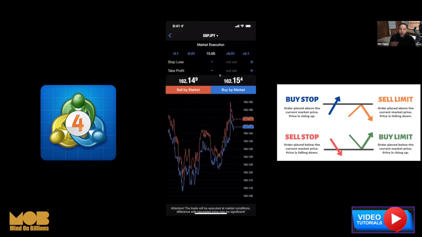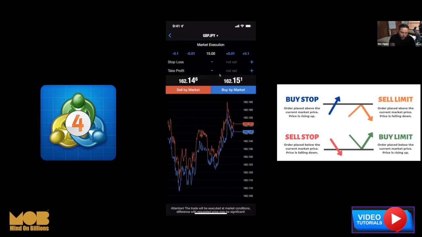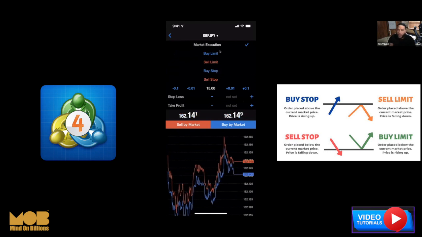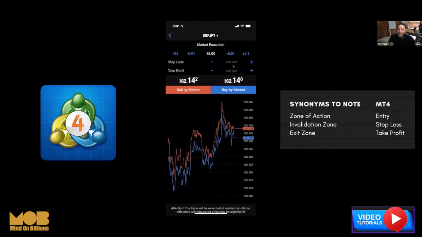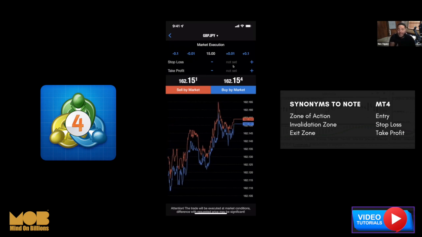So remember, with market execution you will be entered into a trade in real time right away. Instant or market execution. When you click on that, the pending order types will appear and you can select one or the other. A stop loss is a safety net. It prevents you from losing more money than you are willing to risk for a position. A take profit is an exit level.